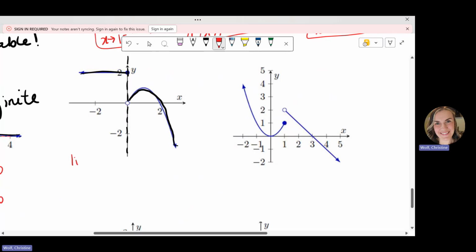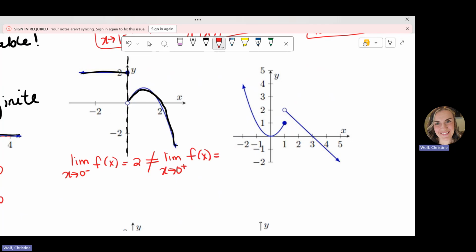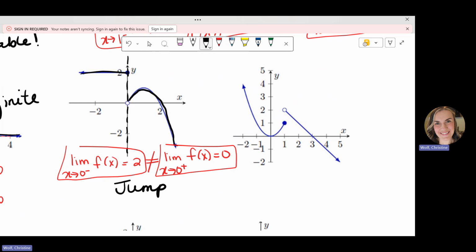My limit as x approaches 0 from the left of my random function is equal to 2. And that is not equal to my right-hand side limit as x approaches 0 from the right of my random function, because that one equals 0. So left-hand side doesn't equal right-hand side. That is the definition of a jump discontinuity.